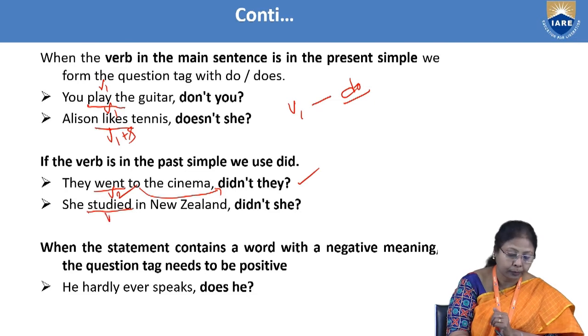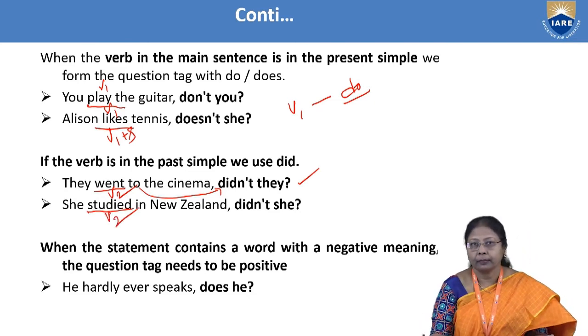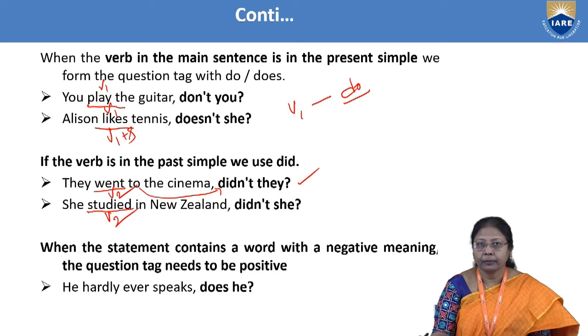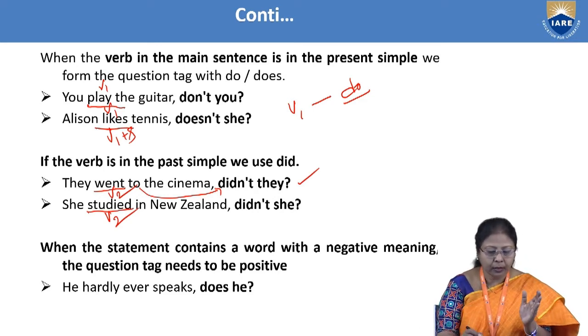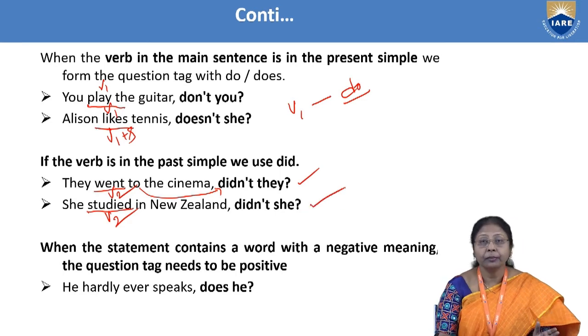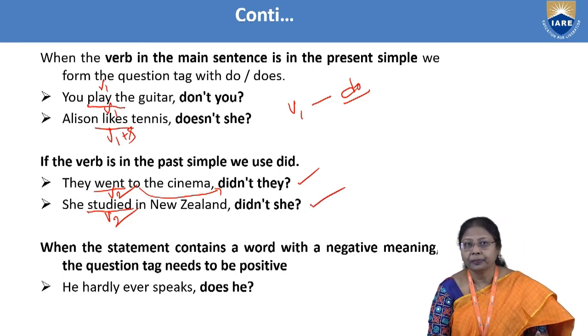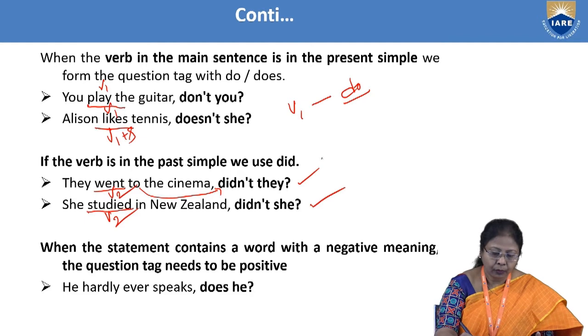This is V2 form, simple past tense, or past simple. It is a positive sentence, so we take didn't she? For V2, we go for did.